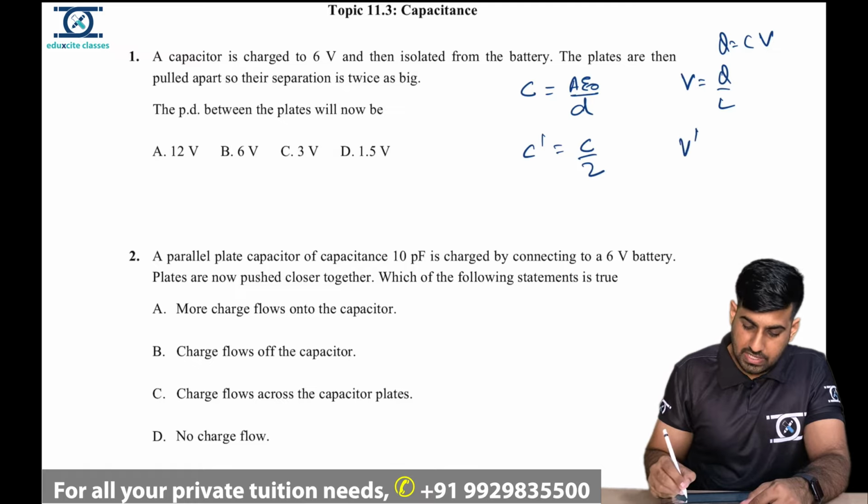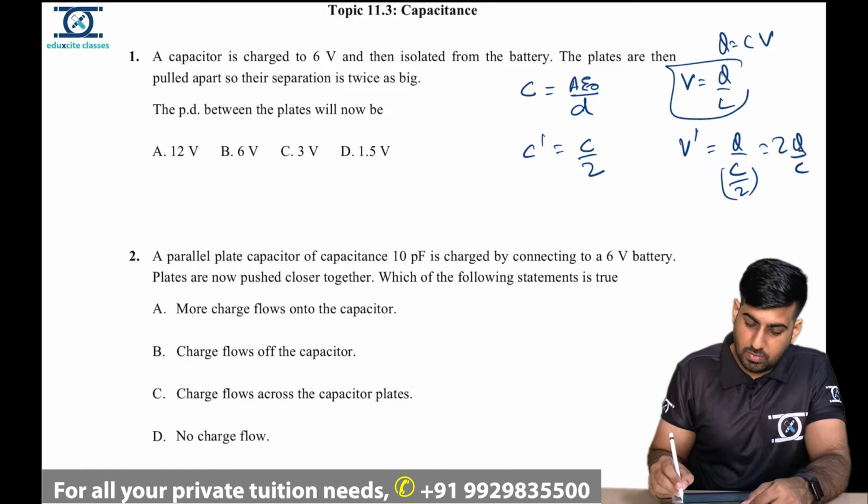So the new V dash will be Q upon C by 2. So that means it will be 2Q by C, and this Q by C is equal to 6. So V dash will be 2 times 6, which is 12 volt.